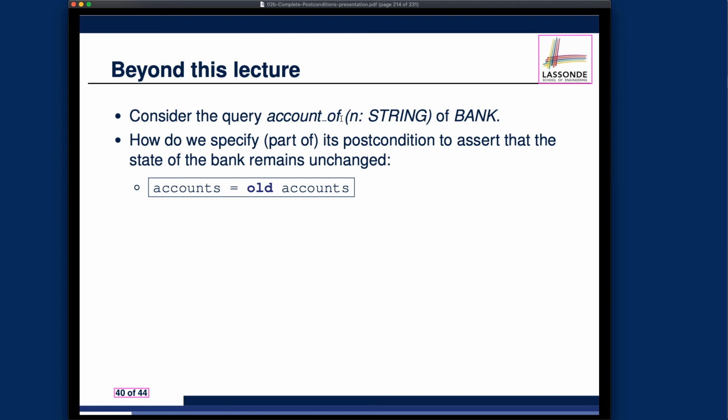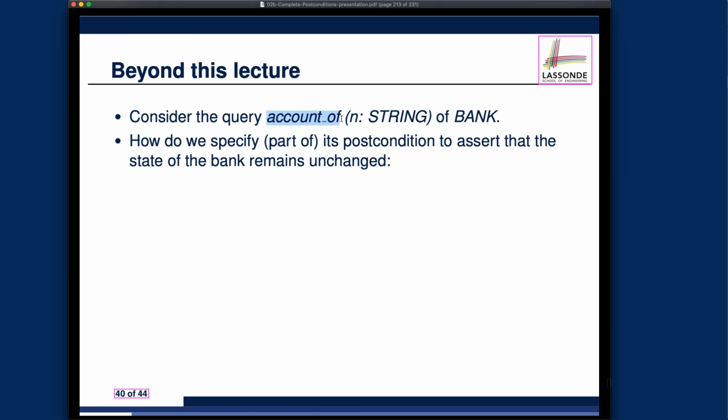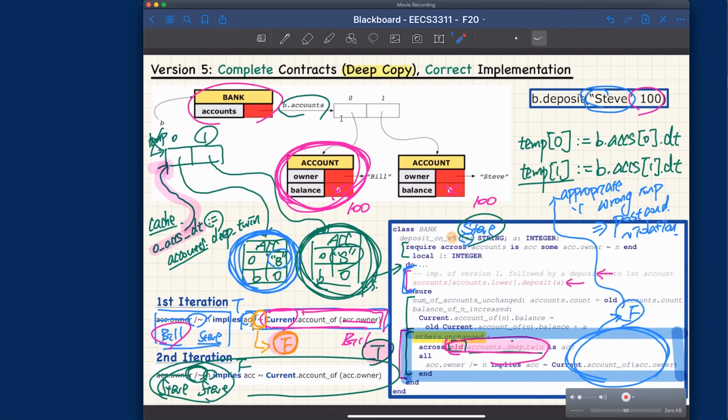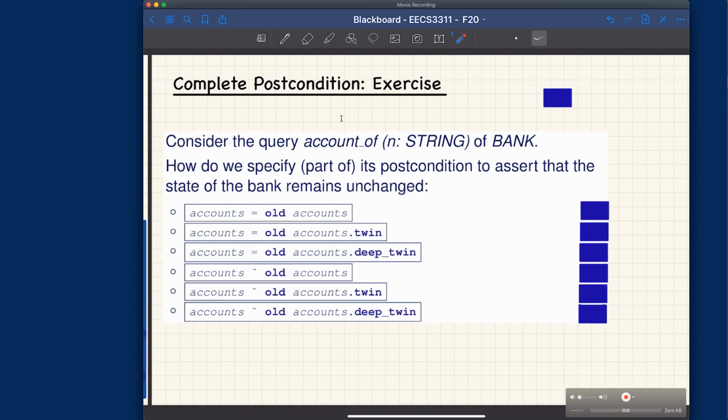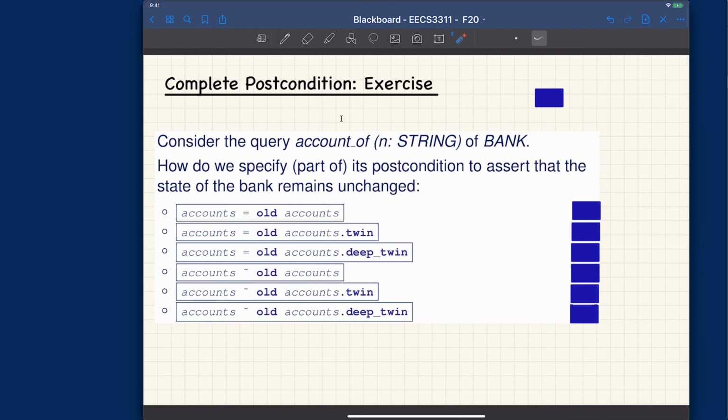So in the slides, I already gave you the answer, but I would suggest maybe not to look at the slides. If you have looked at that, maybe cover the answer, okay? What I would like you to do is, you can go to the iPad notes over here. I cover the answer over here, right? So these are some of the most common possible post conditions you might write in order to assert that.